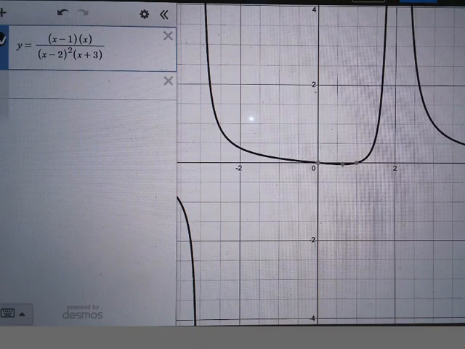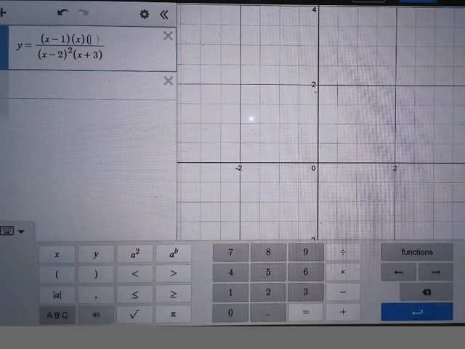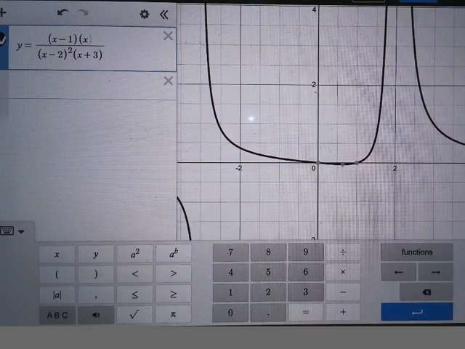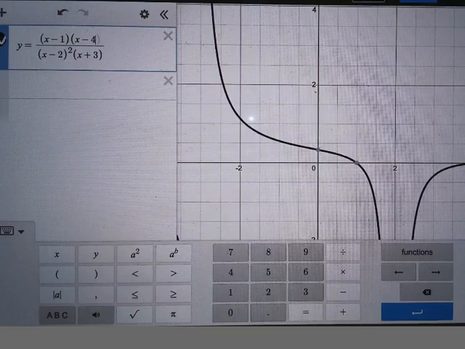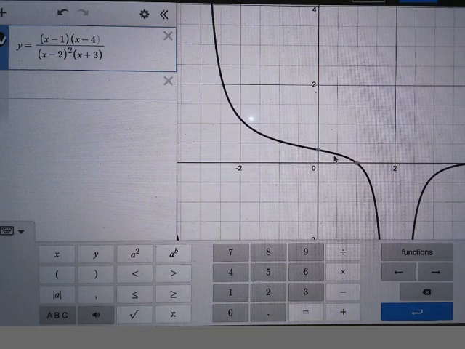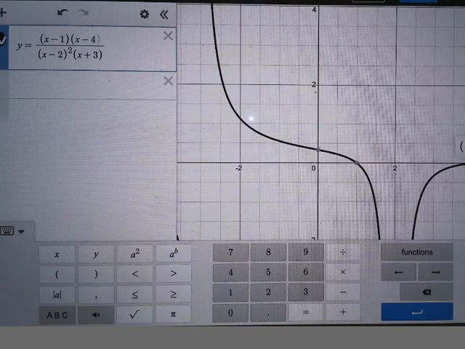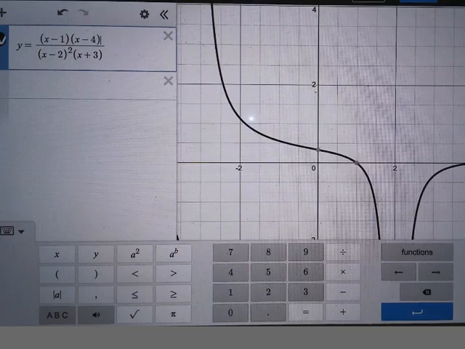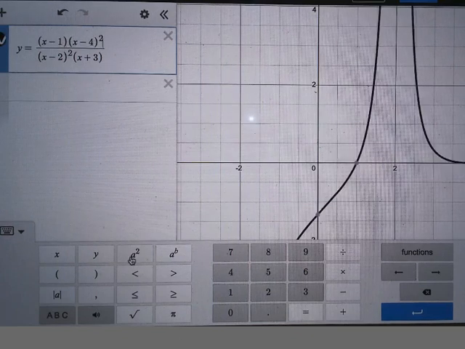I could make it have an x-intercept at 4 by putting parentheses, well, let's just go back in here and put in x minus 4. And notice now it has an x-intercept at 4 and at the 1. I could make it come up and bounce off of 4 and then go down by squaring that factor.